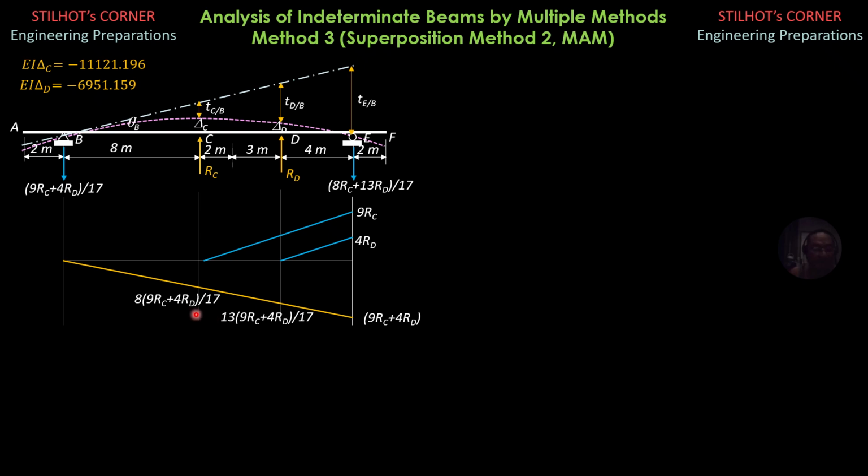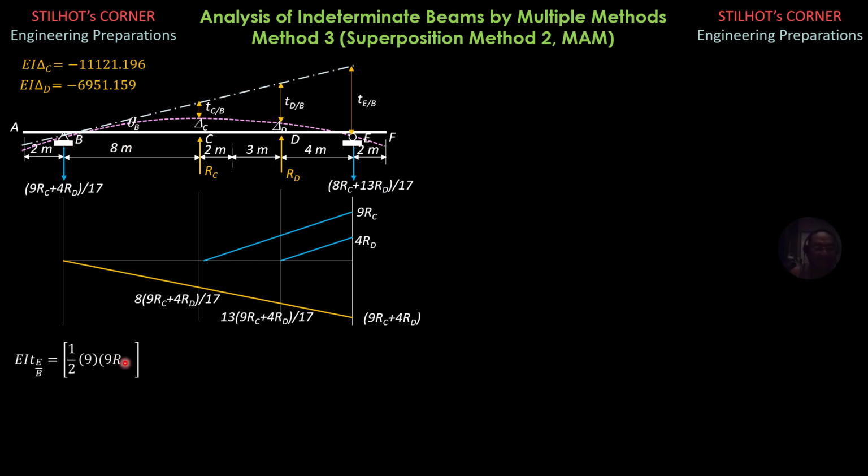This one is 9RC plus 4RD over 17 times 8, because that's 8. Then here, 9RC plus 4RD over 17 times 13. So that's the diagram. First, let's compute the deviation of E relative to B, this time by these reactions. That's the deflected shape.